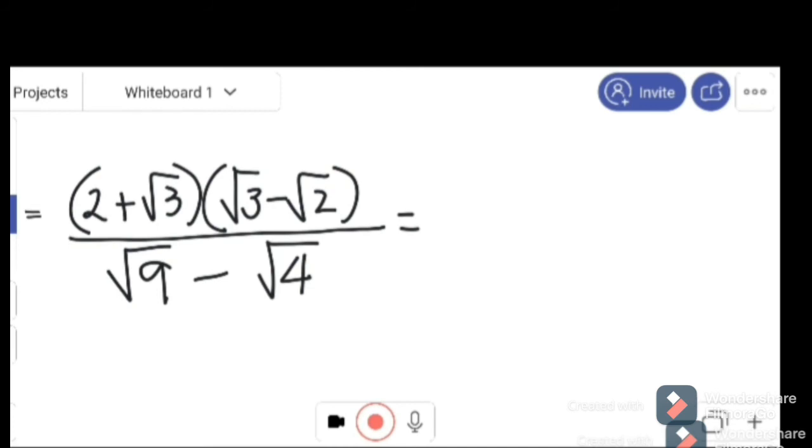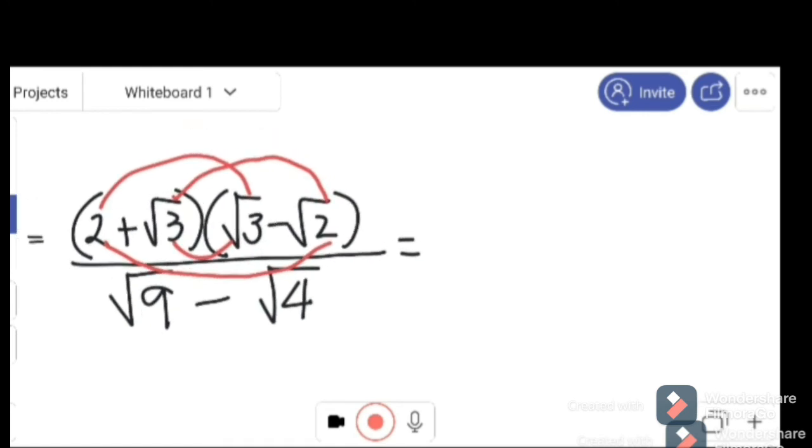Using the FOIL method: first term, last term, inner term, and outer term. So 2 times the square root of 3, that would be 2 square root of 3. And the last, the square root of 3 times the square root of 2 is the square root of 6, should be minus.